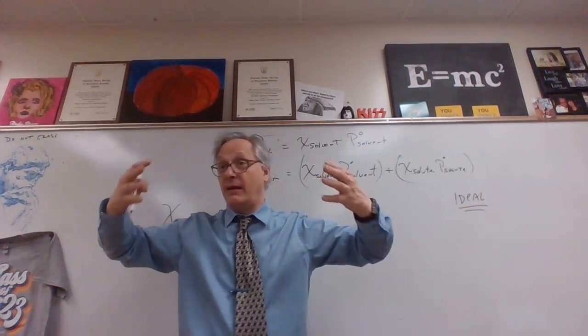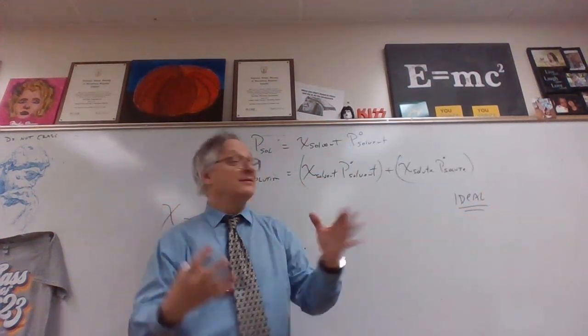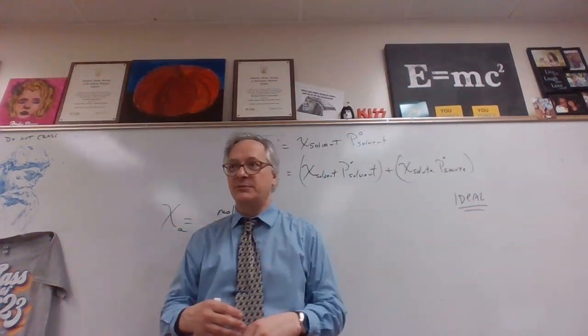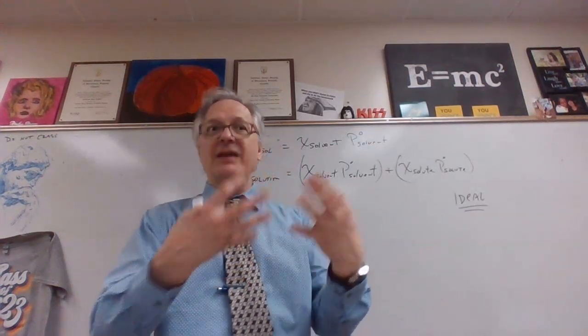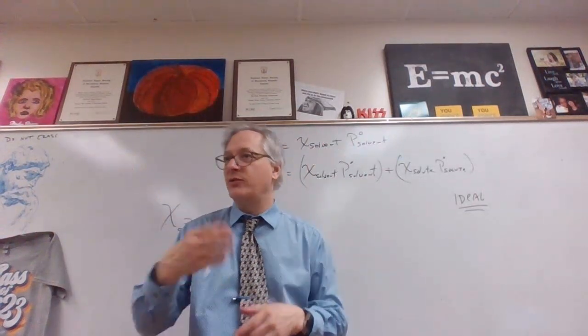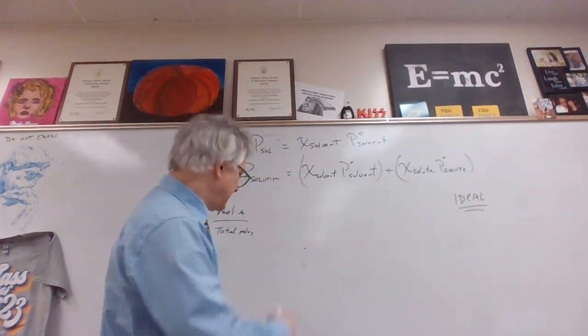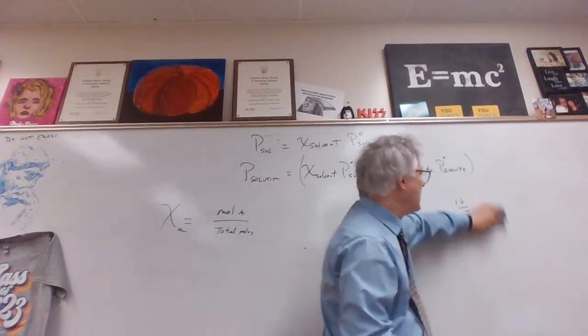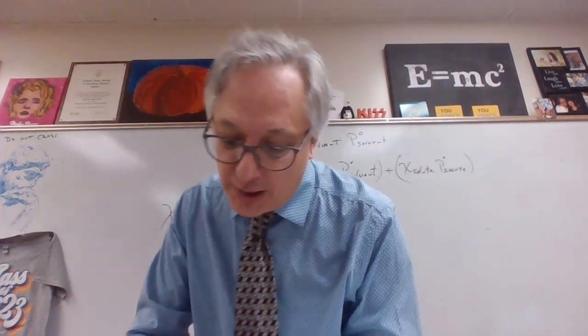They're just doing their thing. But in real life, you have to make modifications of this because you can have interactions between molecules. But that, when you take physical chemistry in college, then you'll learn that stuff. Right now, we're going to look at ideal solutions. So let's take a look at question number 49.